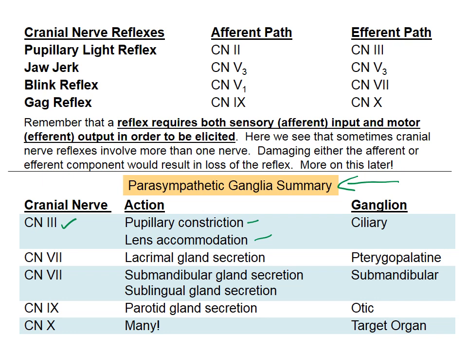We have glandular secretion from cranial nerve number 7, specifically the lacrimal gland and the submandibular and sublingual glands. Of course, we have the parotid gland secretion as well. And cranial nerve number 10, as you might imagine, has all kinds of parasympathetic activity. And here are those associated ganglia for that parasympathetic activity.